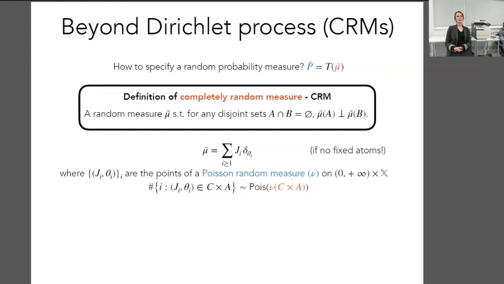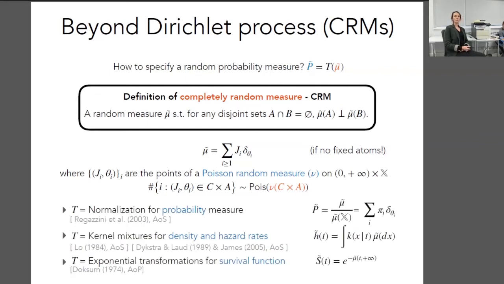And the law of a completely random measure is actually given through the specification of a Lévy measure, which describes the intensity measure of an underlying Poisson random measure, which basically describes the joint law of the jumps and the atoms of the completely random measure. So in practice, whenever you want to specify the law for a CRM, it suffices to provide a Lévy intensity.